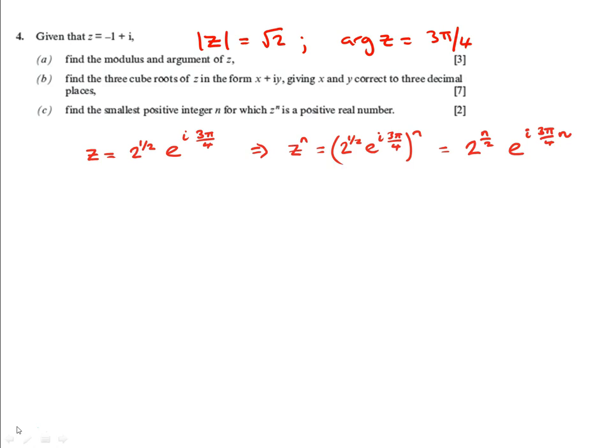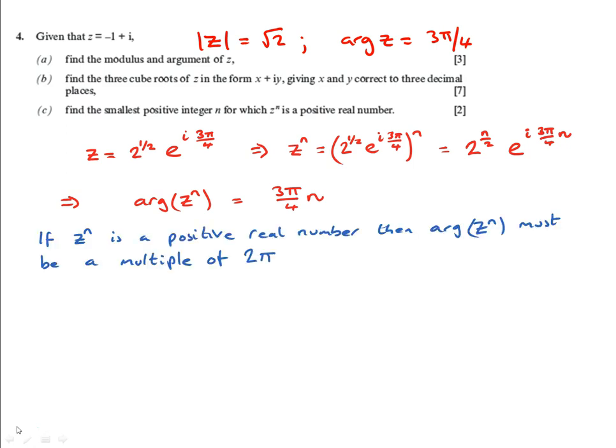So we can deduce that the argument of z to the n is 3 pi by 4 times n. Now, z to the n will be a positive real number if the argument of z to the n is a multiple of 2 pi. So, we know the argument of z to the n is 3 pi by 4 times n, which is the same thing as 2 pi times 3n over 8.